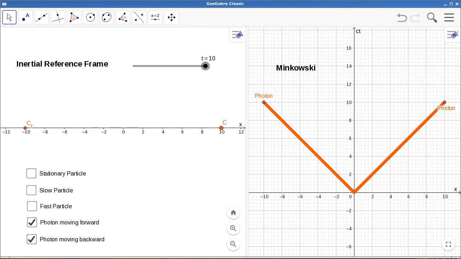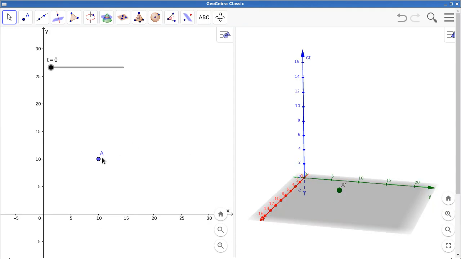So now we will see the three-dimensional extension of the world lines of photons. Now consider there is an event A, and event A is happening in a two-dimensional world.